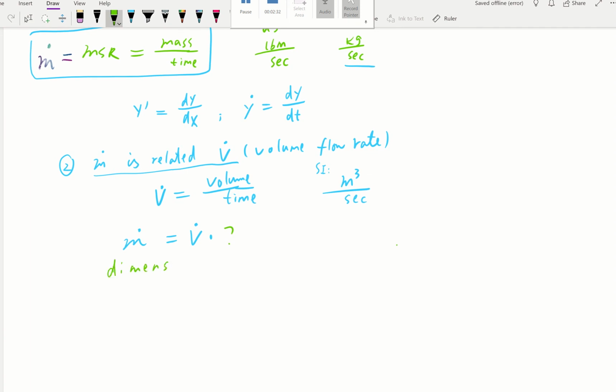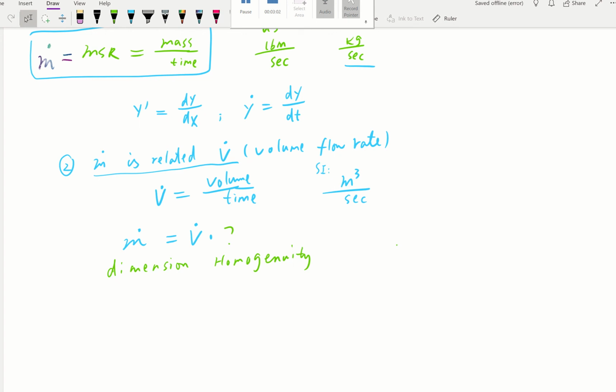Dimensional homogeneity means the left-hand side and right-hand side of an equation have the same dimension. If it's mass, they have to be all mass. If it's time, they have to be all time. We cannot say 5 kilograms is equal to 5 seconds, right? That would not be dimensionally homogeneous.